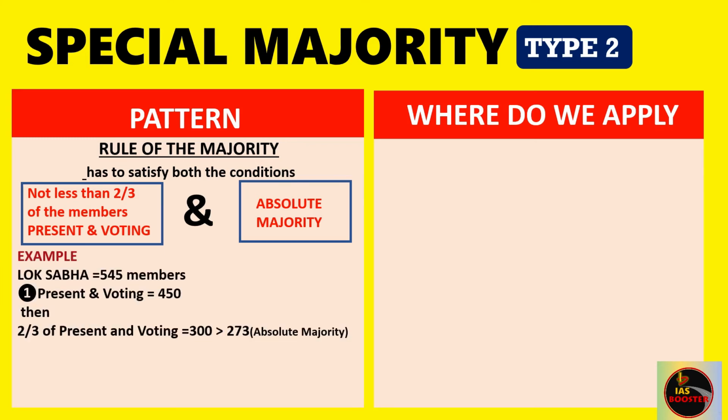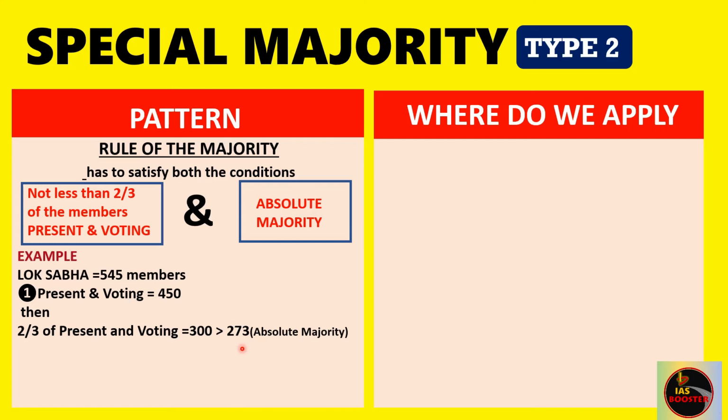Here is an example, say Lok Sabha has 545 members. I'm going to teach you 2 conditions. In condition number 1, present and voting, let's say, is 450. Now 2/3 of the present and voting is 300, and this is more than 273, which is the absolute majority.